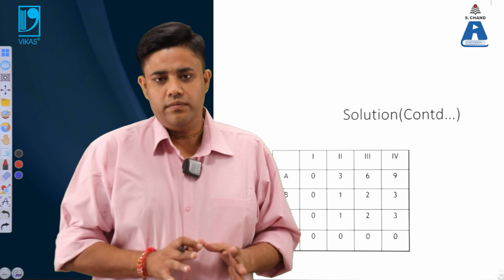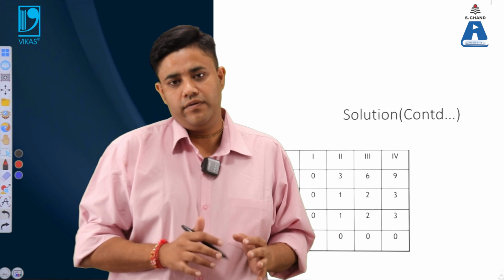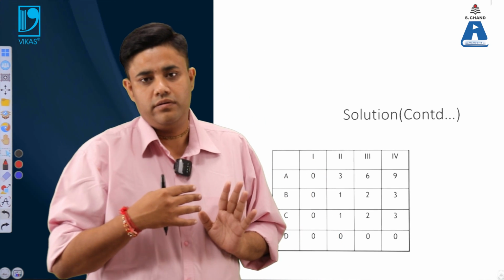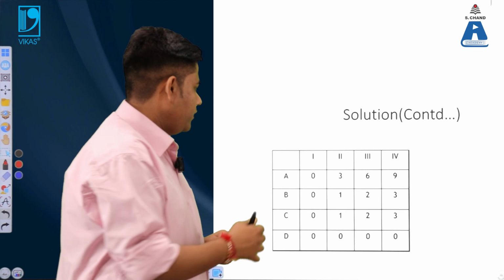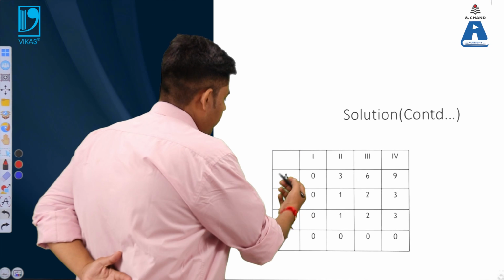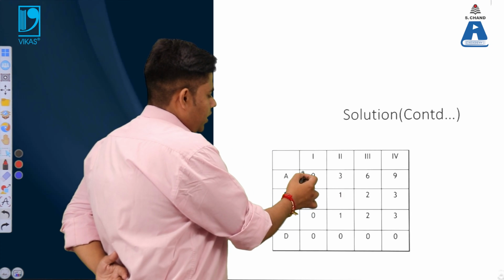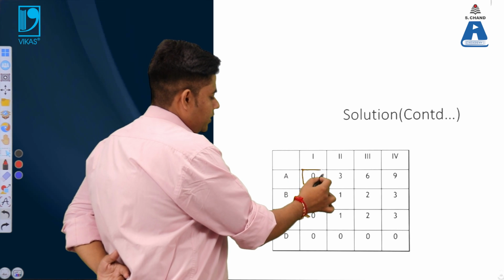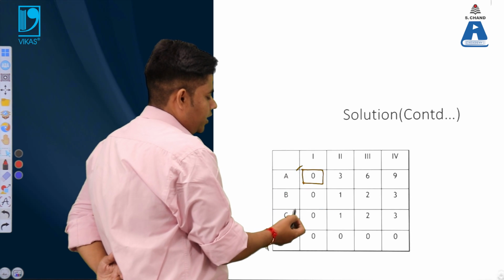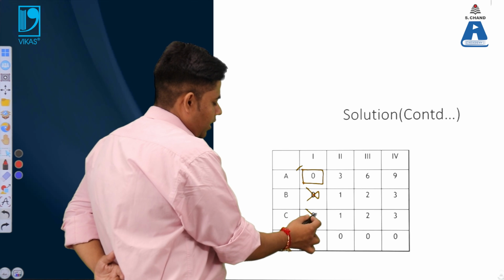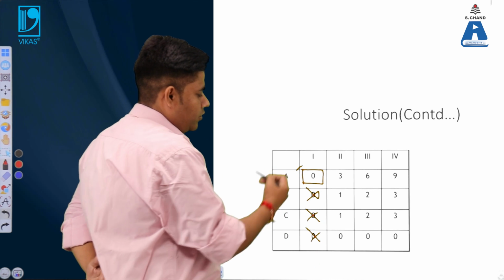So we have to follow that Hungarian algorithm, and Hungarian algorithm says that we need to move from top to bottom, and then we will be moving from left to right. So when we move from top to bottom, we have to look for the zeros, and in the first row you can see that there is a single zero, so we need to allocate that particular zero and cross the remaining elements of the particular column.